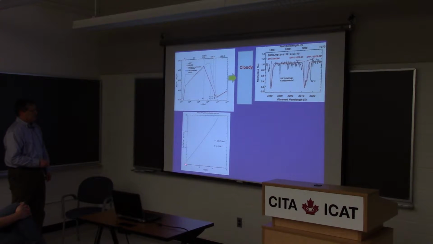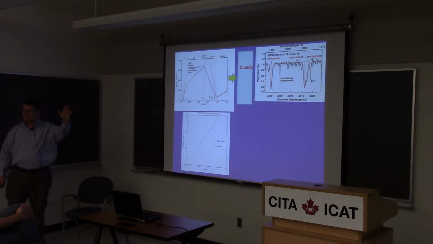We take a grid of models from 10 to the 16 to 10 to the 19 in column density, and ionization parameter, which I'll define in a second, from log of -2 to 1. And then I say, OK, I measured a specific amount of hydrogen, in this case, log of 20.86. What is the locus of points on this plane that will give me this result?